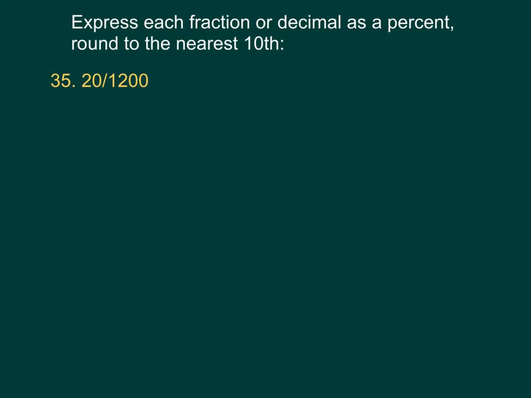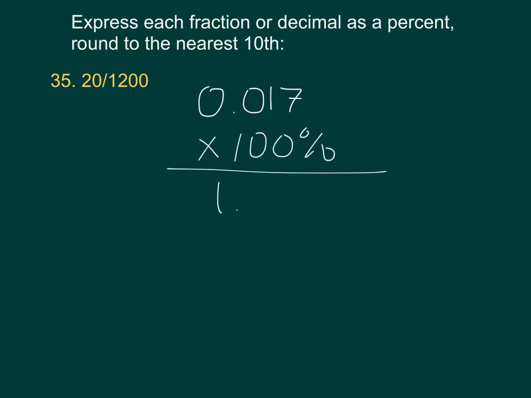35 asks for 20 over 1,200. If I plug that into my calculator, I end up with 0.017. If I multiply that times 100%, I get 1.7%.